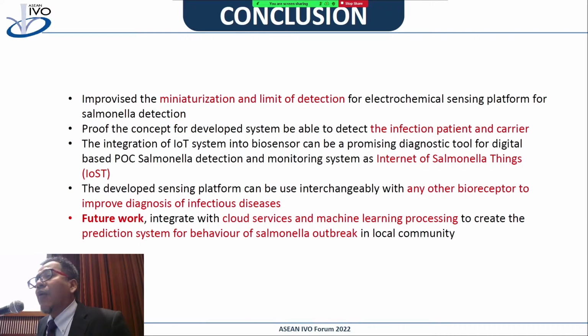We put forward the concept that our sensor not only detects the infection of patients, but is able to detect the carriers, using the engineered protein developed by Inform. And by integrating the IoT system into the biosensor, it can be a promising diagnosis tool for digital-based Salmonella detection, which we call the Internet of Salmonella Things.